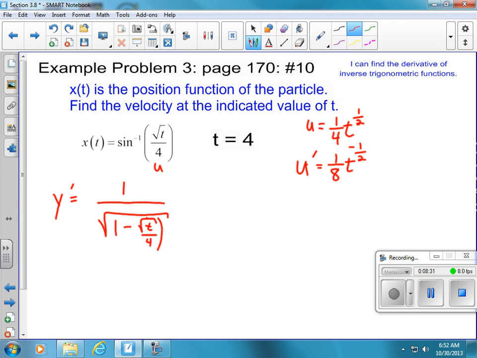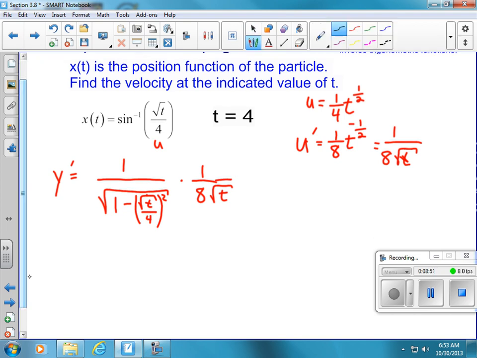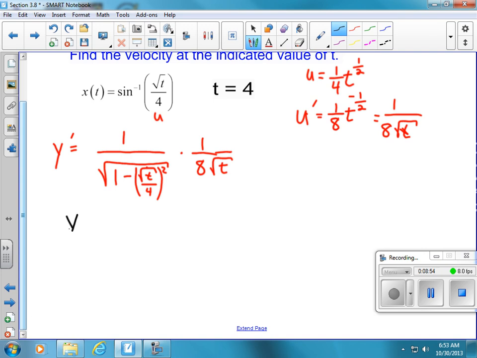And then I can square that pretty easily. And times, remember this is the same as 1/8 square root of t. Okay, so 1 over 8 square root of t. All right, so let's just do a little simplification on this problem and see what we might get.